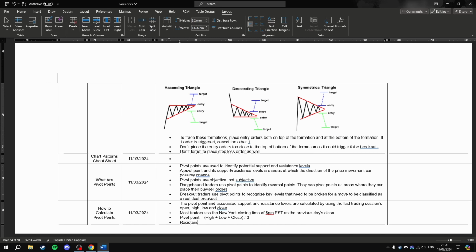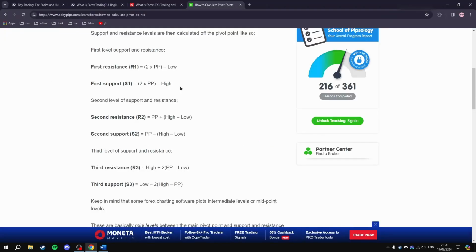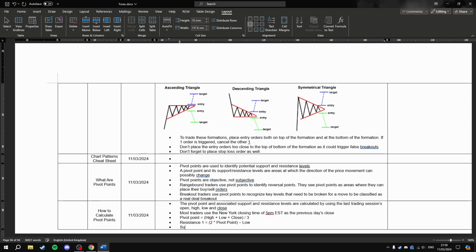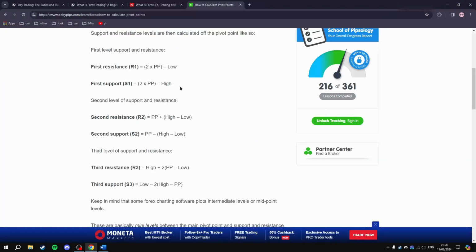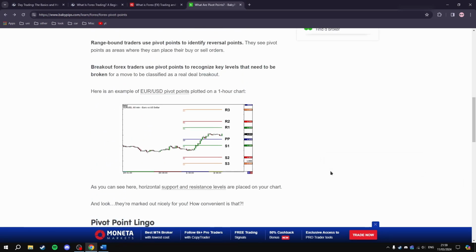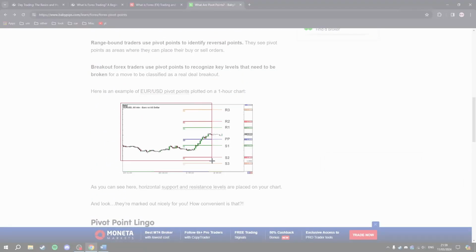Resistance 1 is equal to 2 times pivot point minus low. Support 1 is equal to 2 times pivot point minus high. You know what? I'm gonna take a photo, because otherwise me just writing these calculations out ain't gonna make much sense.